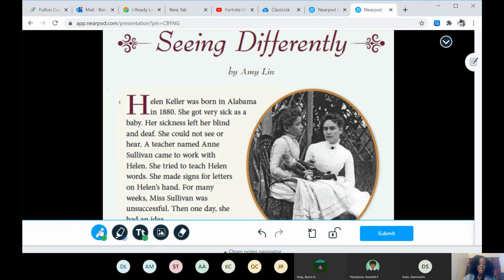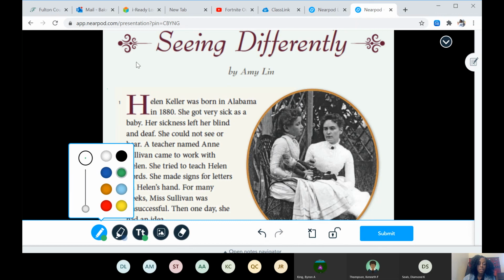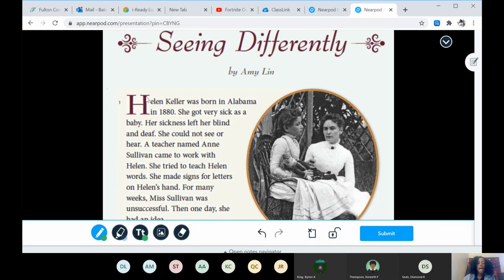So now somebody help me out. I got my green writing tool ready. I want to underline my characters and my setting because this is the beginning. Did they introduce our characters? Go ahead, Diamond. Did they introduce the characters, Diamond? Yes. Who was our character? What do I need to underline?